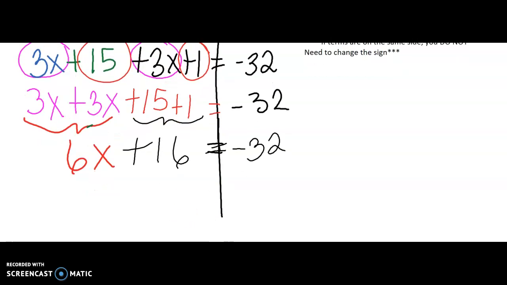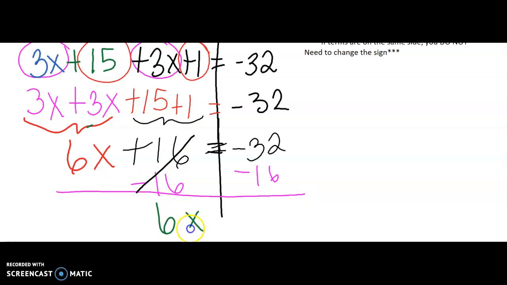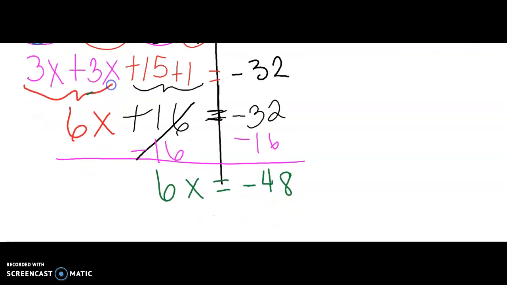So here we're just going to move the 16 by subtracting it, because I want to get the x by itself. That cancels out. We got 6x equals negative, they're both negatives, and I'm subtracting 16 from negative 32. So it stays negative, and then I just got to add them. That's negative 48, like that.